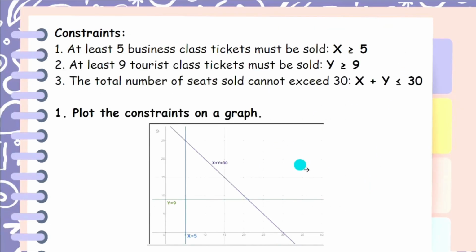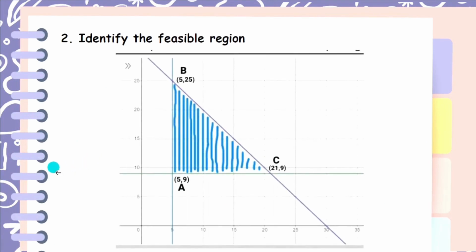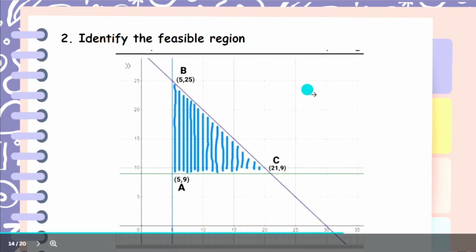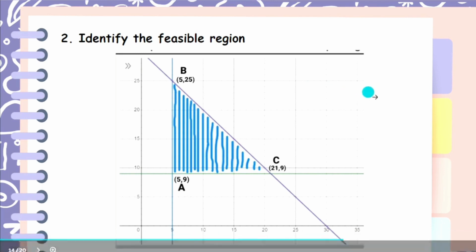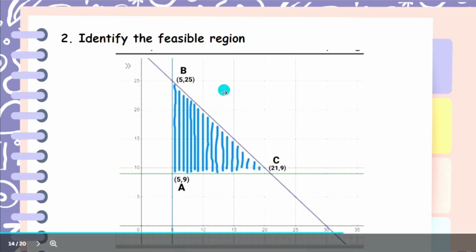So now that we were able to plot the following equations in a graph, we will proceed to the next step, which is to identify the feasible region. The feasible region is the area of the graph that satisfies all constraints. Since in the problem our goal is to maximize the profits, the feasible region will be within the first quadrant.